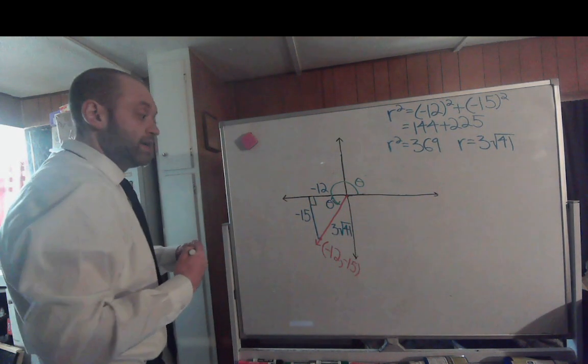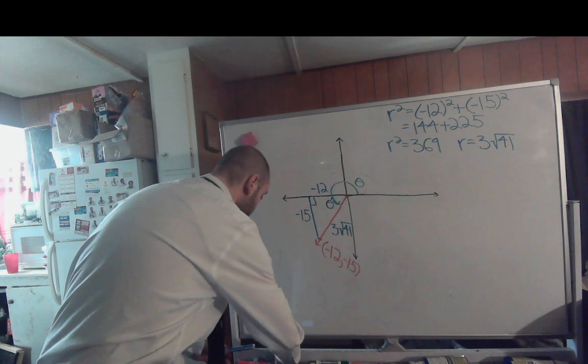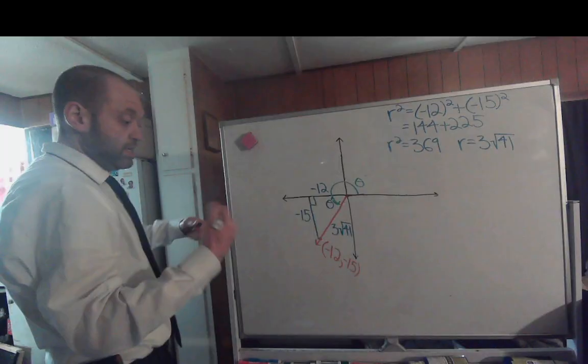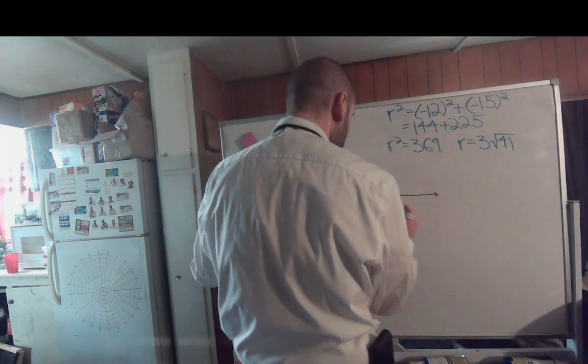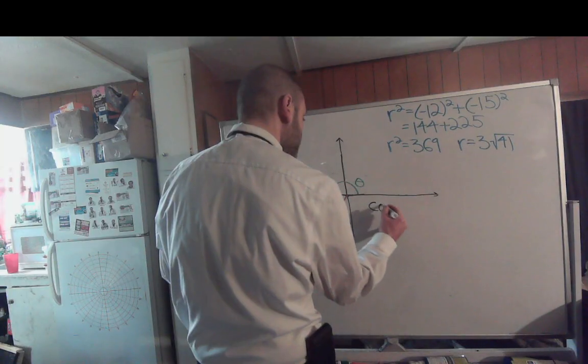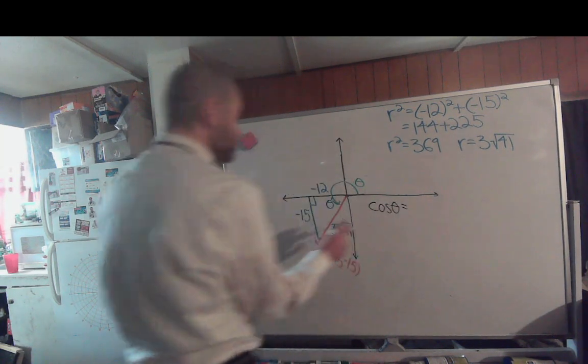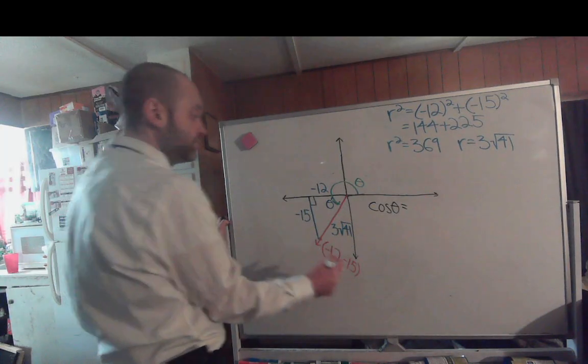Now we can go ahead and find the 6 trig functions. So cosine of theta, well, that equals your adjacent of -12.